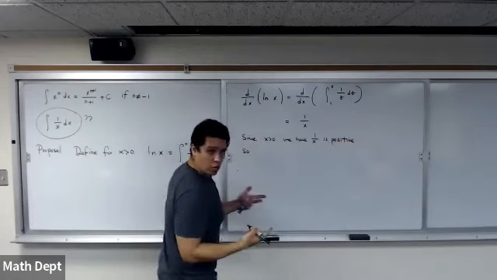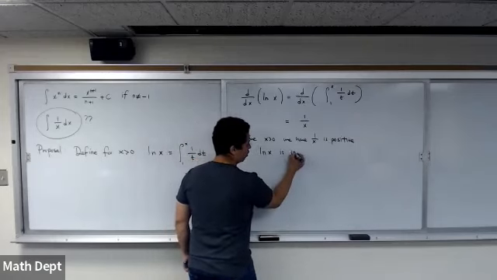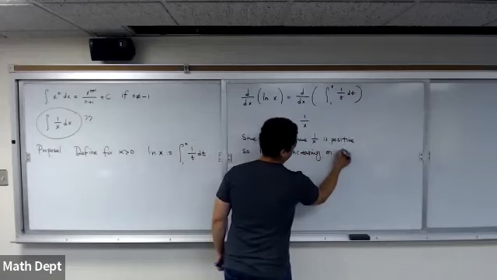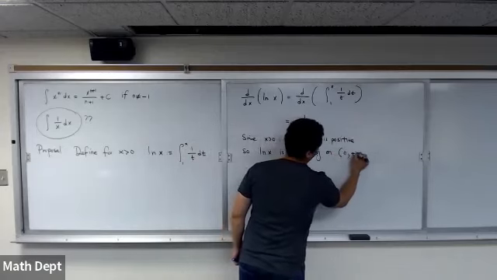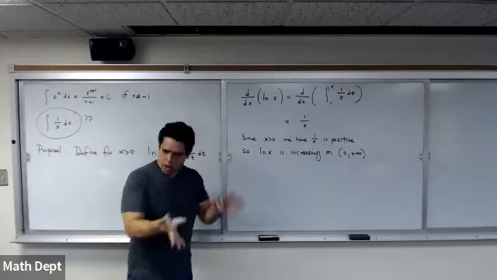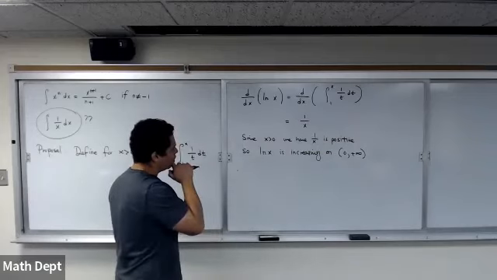So the function that we have here is increasing on its domain, on the collection of positive real numbers. Okay, so we have an increasing function. Is it also continuous?